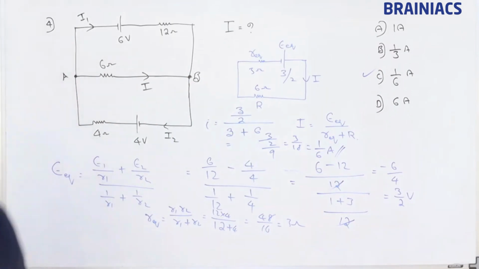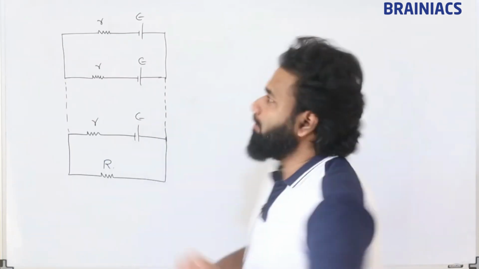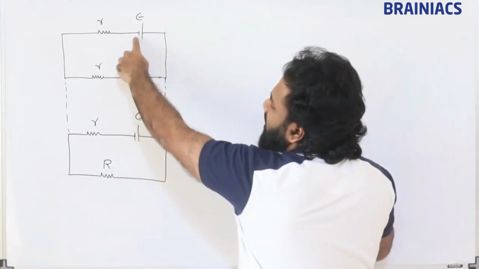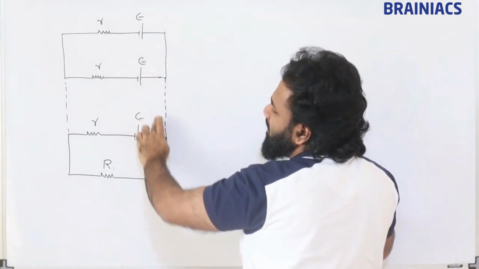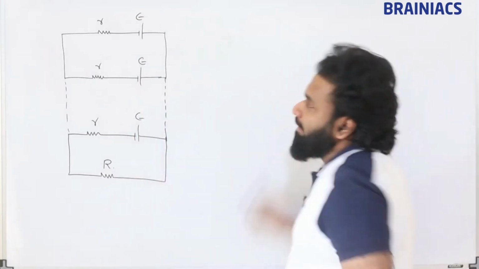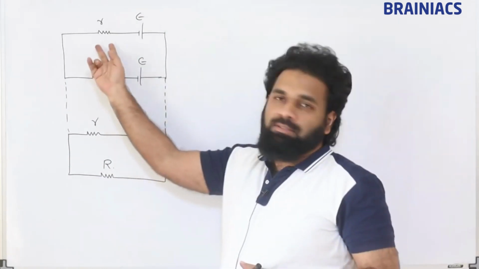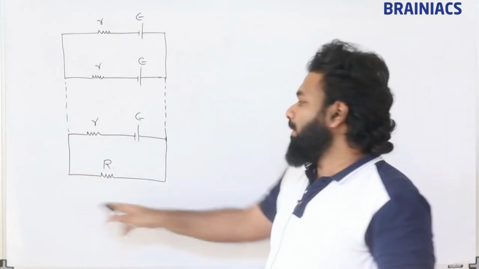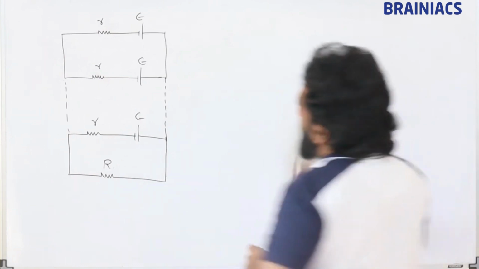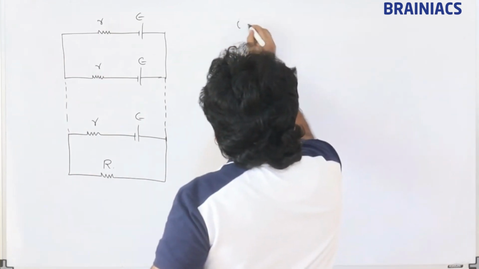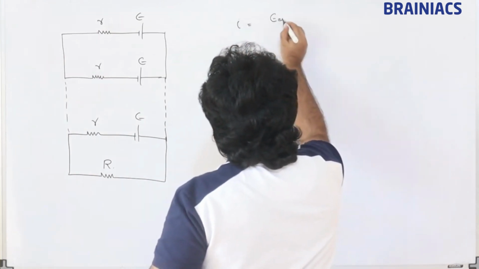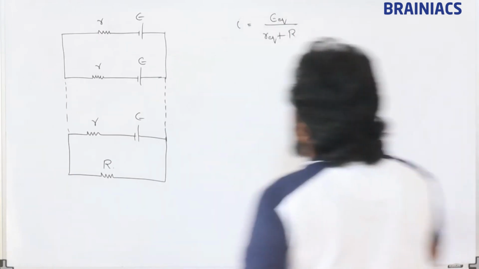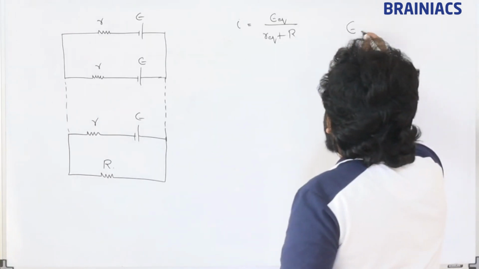Clear? So if there are n identical cells, first cell, second cell, and so many cells, this is the nth cell. Internal resistance r is also connected like this. One external resistance, capital R, is also connected. So here I is equal to E equivalent divided by R equivalent plus capital R. And what is E equivalent?